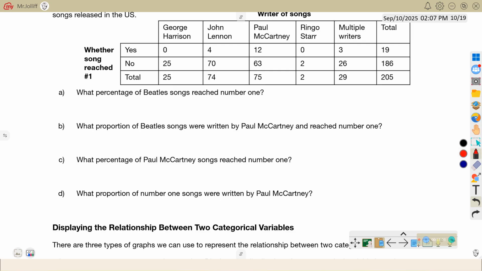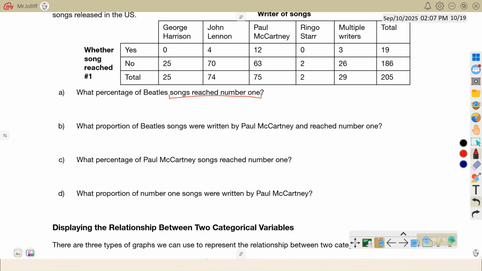So we'll start with our first question, which says, what percentage of Beatles songs reached number one? How many categories are mentioned in that question? I'm going to underline this one.